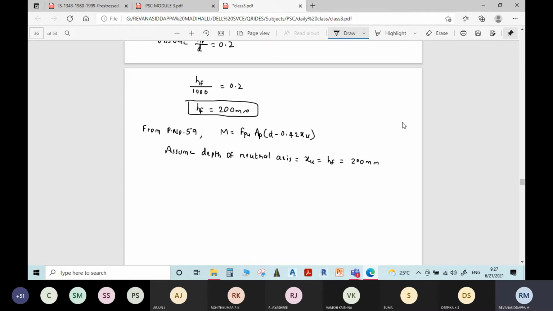If it falls below the flange, then it will be the second case, that is, neutral axis lies within the web. So we assume the depth of neutral axis XU is equal to the depth of the flange, 200 mm, and with respect to this condition, this is the respective formula.